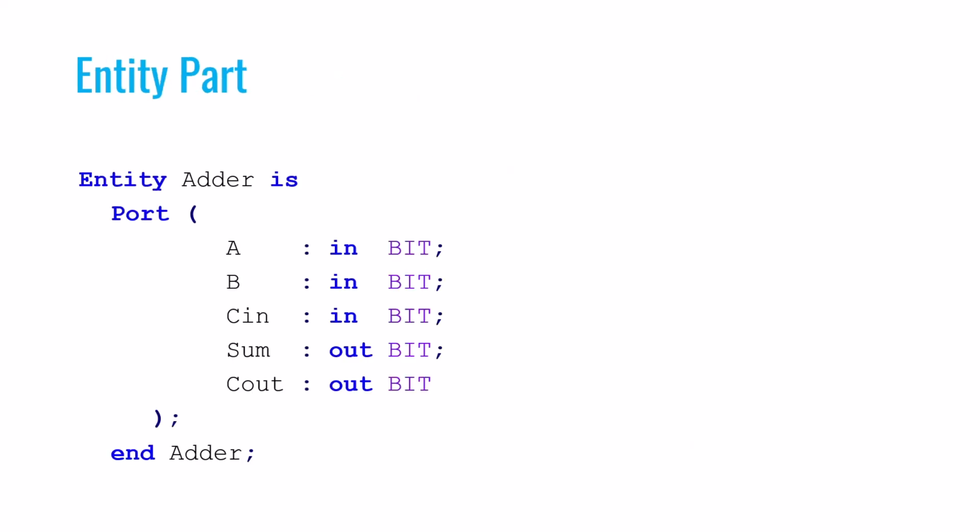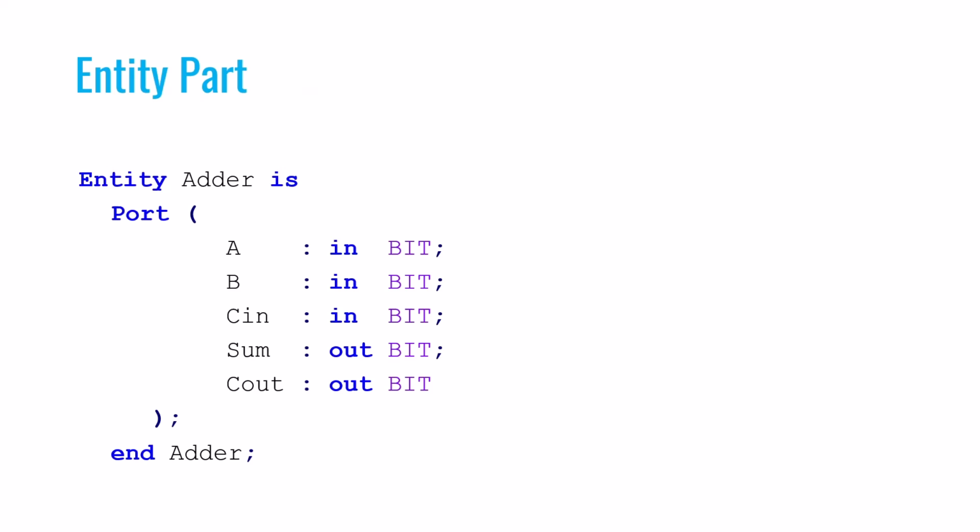The sole purpose of the entity section is to define input-output ports. It begins with the keyword entity. After that, we specify the name of the entity. Here, I've named it adder. Next, we use the keyword is followed by port. And within parentheses, we define the input-output ports. The entity block concludes with the end keyword and the entity name.